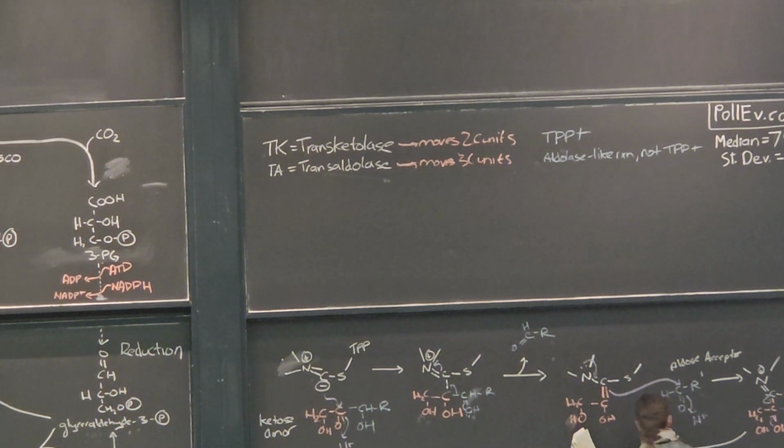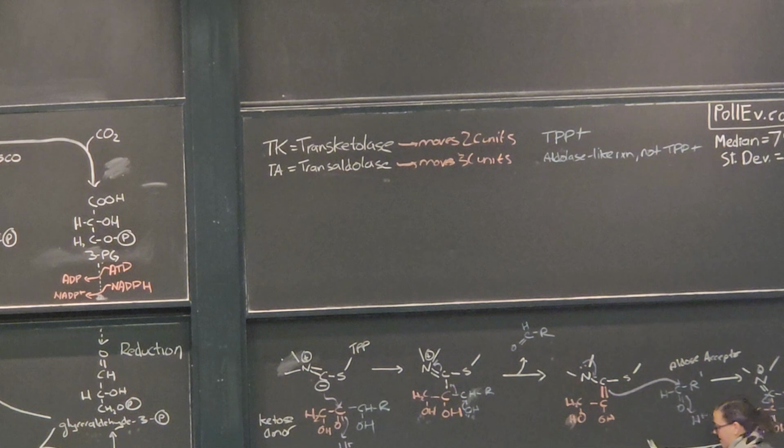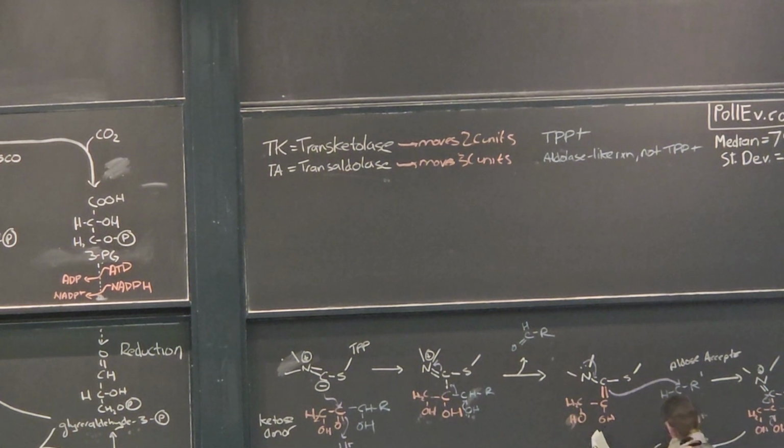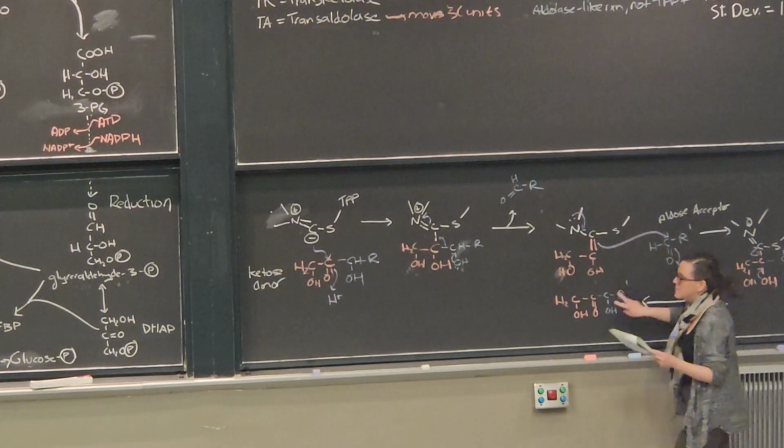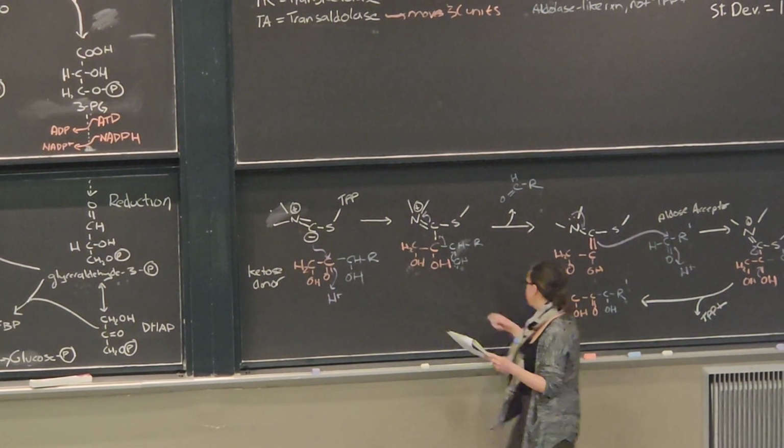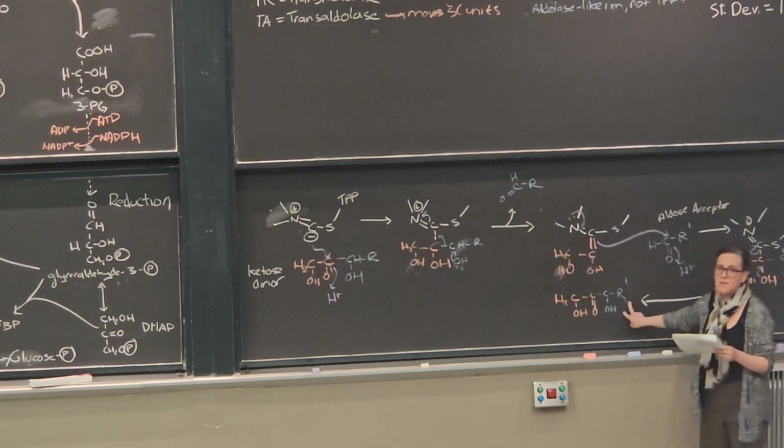And what that does is it liberates back the active form of thiamine pyrophosphate and gives you a ketose that's 2 carbons longer. Okay, so we accomplished a swap. This is an R group here. This is an R prime.